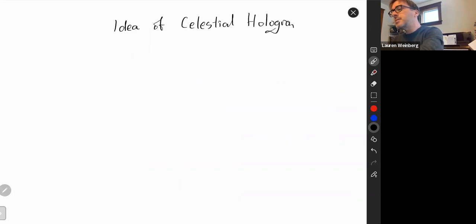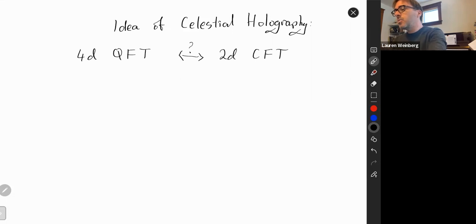The rough idea of celestial holography is to relate a four-dimensional quantum field theory to a two-dimensional CFT, which lives on the celestial sphere.